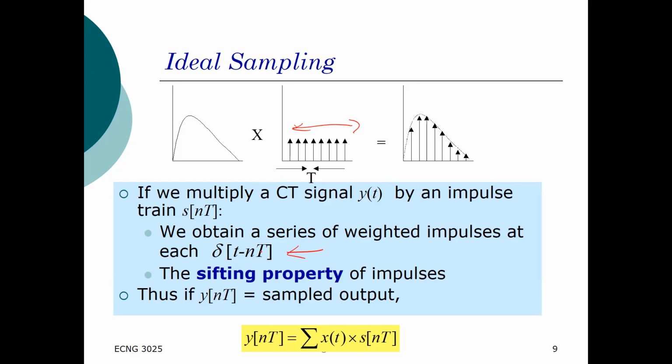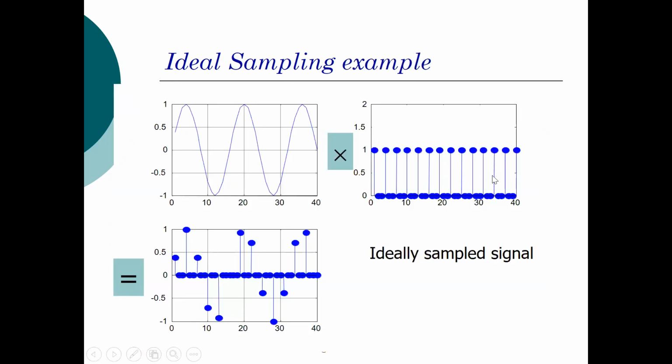So every T seconds, days, or years apart, we put an impulse, and because of the shifting property of the impulse, wherever these are located, this will pick out the value of the continuous time signal, and that is how we get our sampled signal. So you go from y(t) to y(nT). Right, and we mentioned that there.